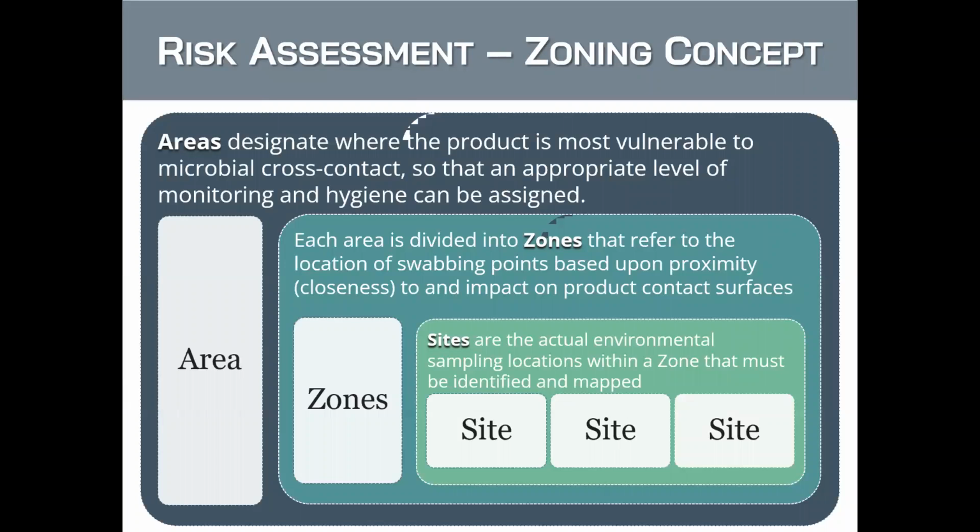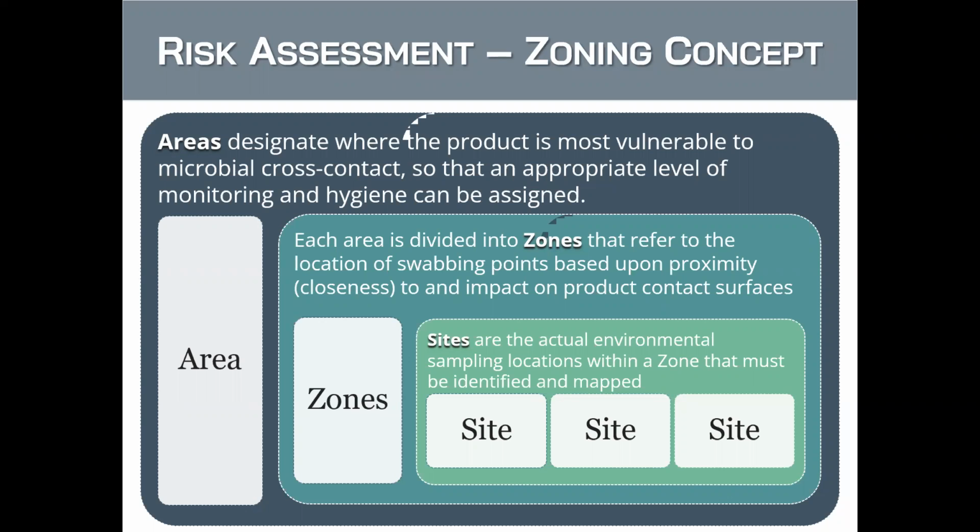The zoning concept is widely accepted as a part of a risk assessment. In this concept, an area designates where the product is most vulnerable to microbial cross-contamination so that a proper level of monitoring and hygiene can be assigned.